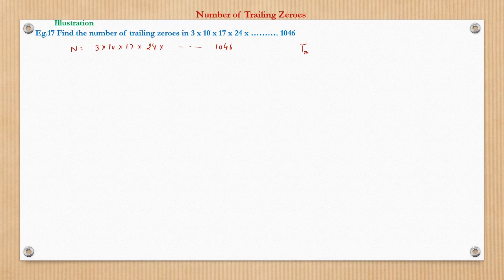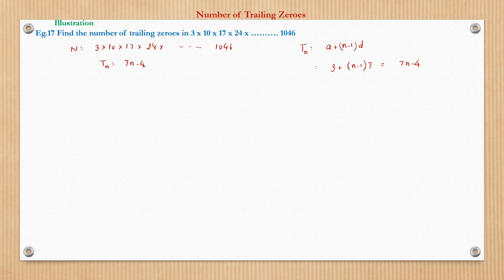Any general term of an AP series can be given by a plus n minus 1 into d, where a is the first term and d is the common difference, n is the nth term. So here a we know is 3, n is the variable nth term, d is 7. So we can say that the generic term tn is nothing but 7n minus 4.